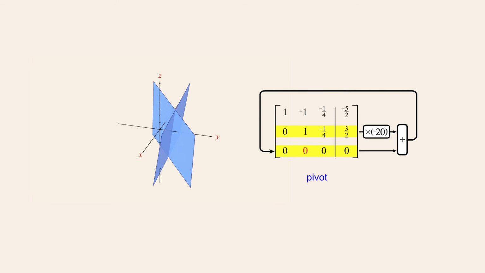But since rows 2 and 3 were multiples of each other, the multiplier we picked for row 2 zeroed every entry in row 3. As a result, row 3 no longer describes a plane, and now we have a system consisting of only 2 planes.